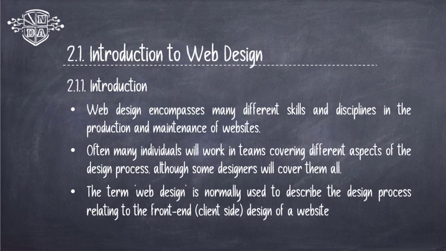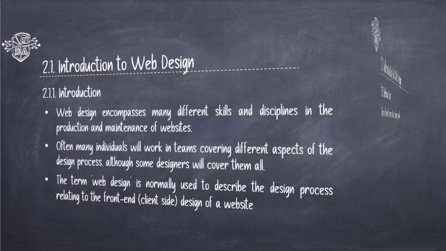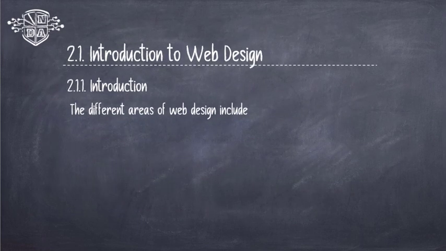This is the client side, what the client sees when he opens up a website on the browser. And we're talking about the different areas of web design. So mostly you'll find these areas have different teams who are involved in the production of the website. So let's look at these areas.